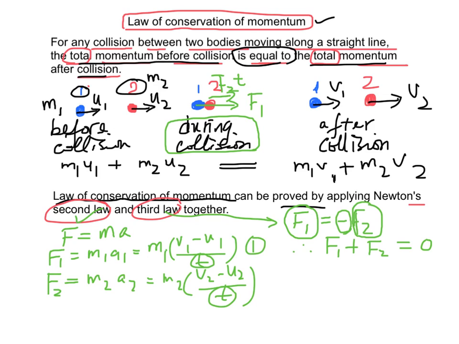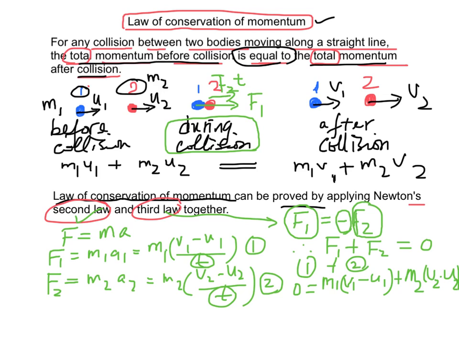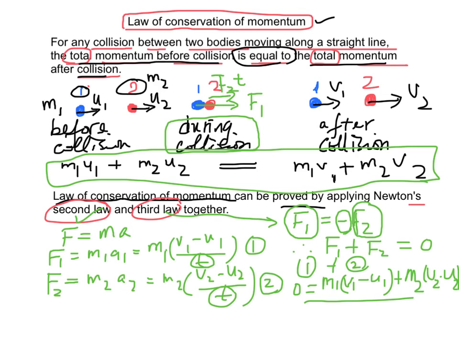By adding equation 1 and equation 2 together, we have 0 equal to m1 (v1 minus u1) plus m2 (v2 minus u2). By simplifying this equation, we get the law of conservation of momentum. This equation is very important in dealing with problems concerning collision.